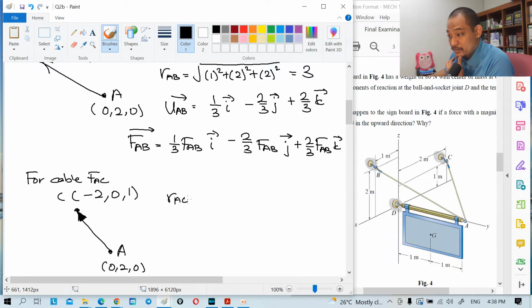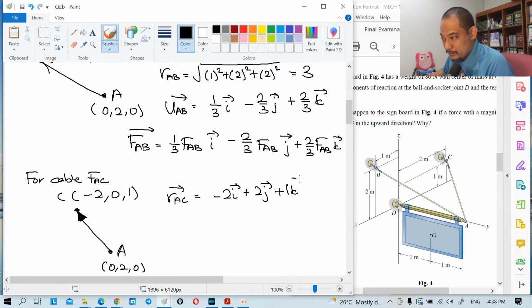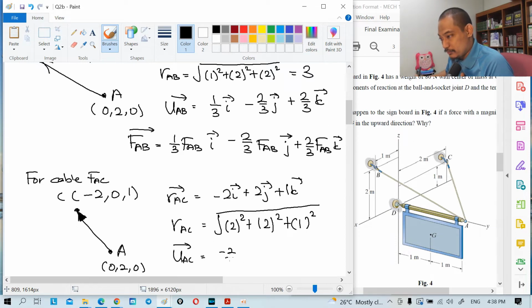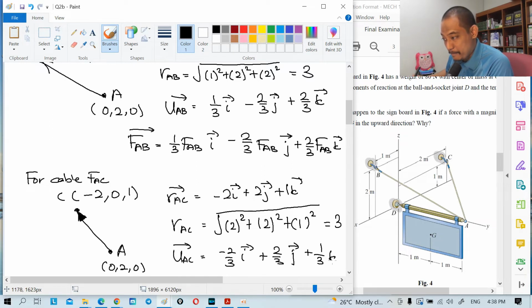So R AC is minus 2i plus 2j plus 1k. R AC, the magnitude, is the square root of 2 squared plus 2 squared plus 1 squared, which is the square root of 9, equal to 3. So unit vector AC is minus 2 over 3 i plus 2 over 3 j plus 1 over 3 k.